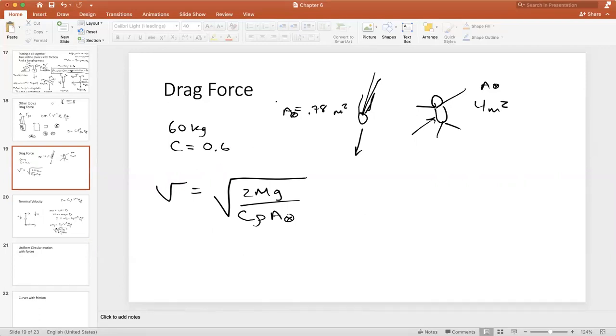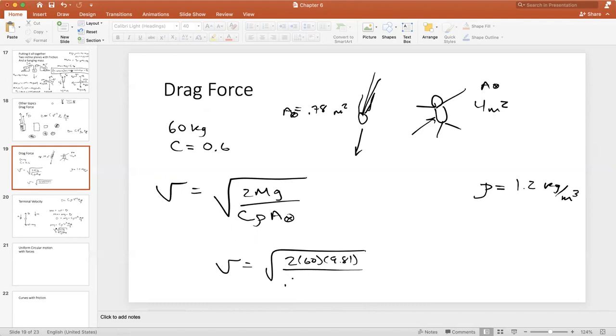The last thing we need is the density of the air, which we talked about in the math review, 1.2 kilograms per meter cubed. So what will v be? Well, v will be 2 times 60 times 9.81, your drag coefficient is 0.6, your density of air is 1.2, and your cross-sectional area is 0.78.